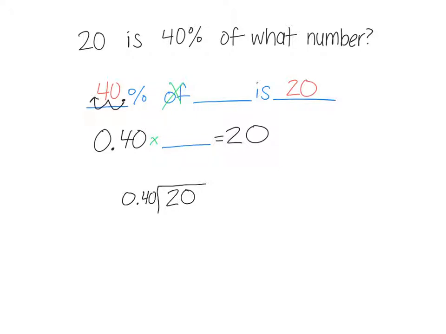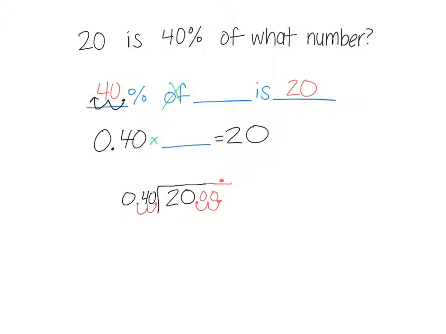On the outside, I need to make a whole number, so I will move the decimal point 2 spots to the right. Since I moved it 2 to the right on the outside, I move it 2 to the right on the inside. I bring my decimal straight up and fill in the spots with zeros.